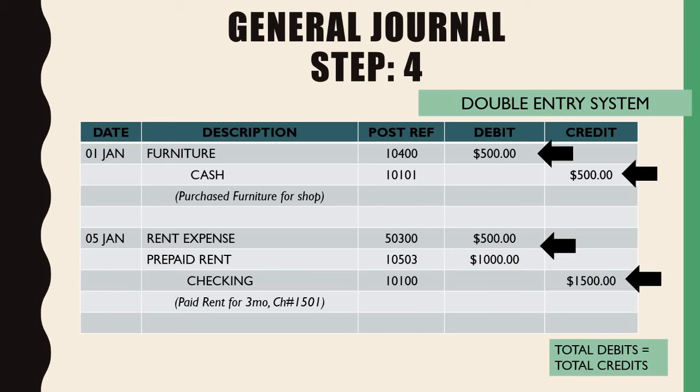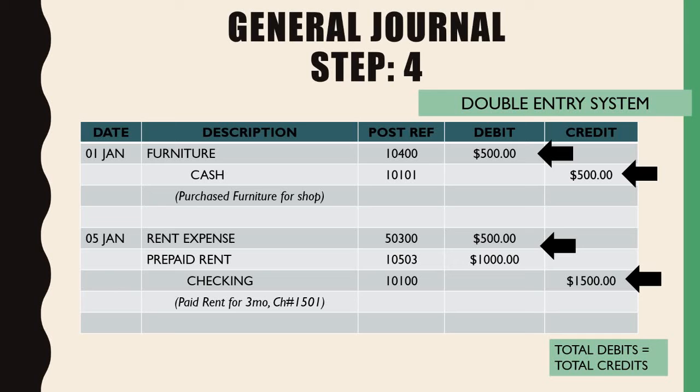Okay? The next section is we're going to determine the total value of what you spent. Okay, so for instance, furniture, right? I purchased my furniture for $500. That's the total value of my furniture. Right? And how much did I pay out of my pocket? I paid $500 worth of cash. Okay? So in this case, when we utilize the debits and credit system, we're treating it as if it's in terms of dollars, right?